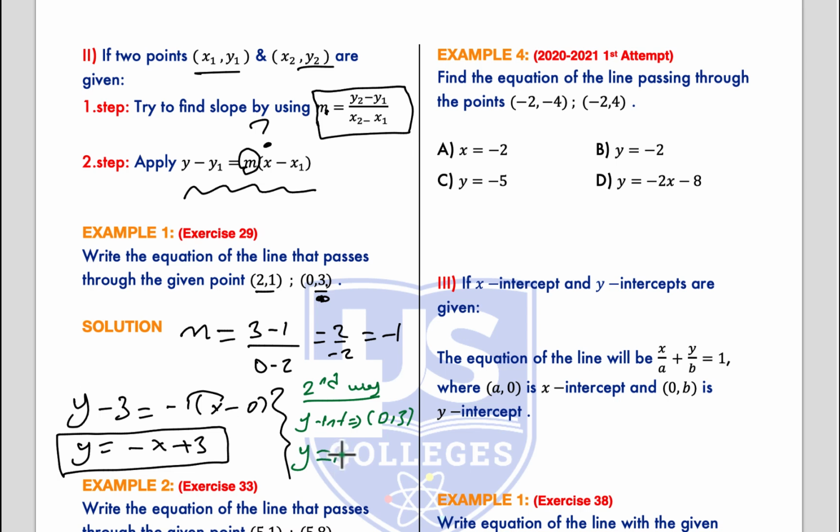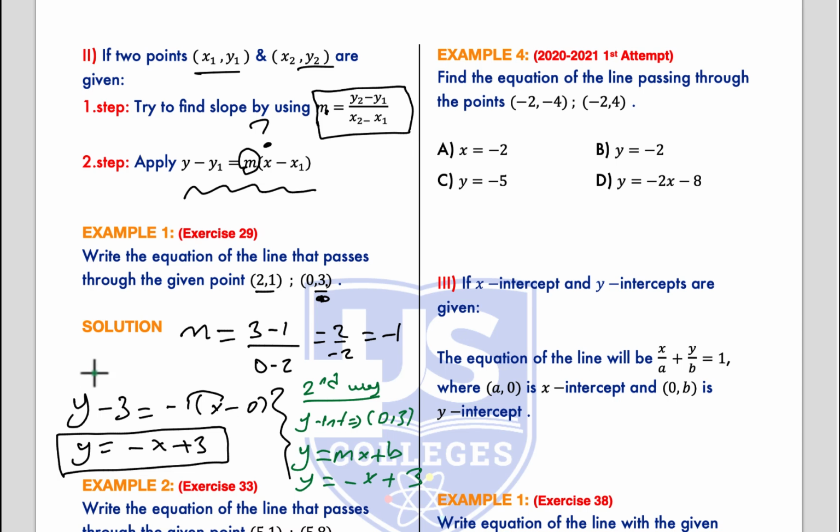Y equals mx plus b. So that form is also useful. You know everything necessary to use that form. M is found by you. So it's negative 1, negative x, plus b is given as one of the points, 3. So negative x plus 3.